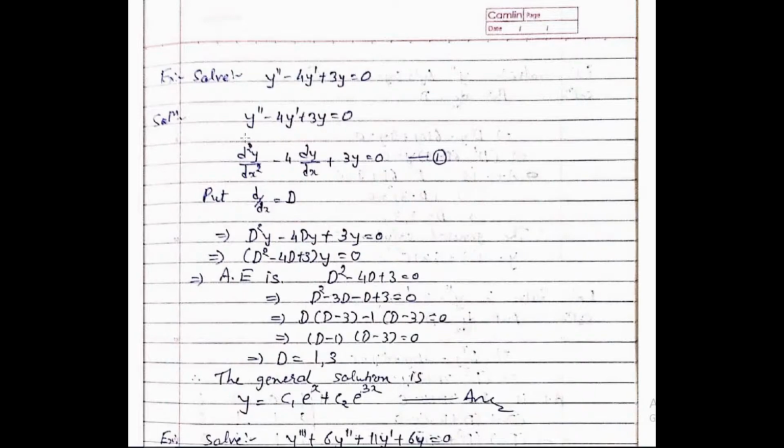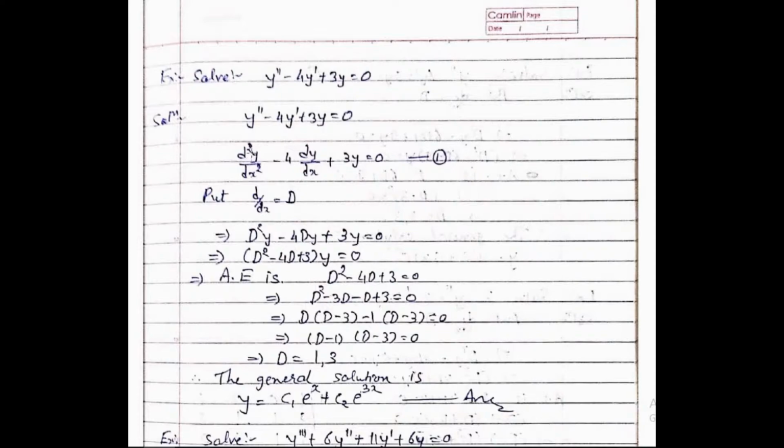To find the CF, what you have to do is write down this equation in the form of d square y by dx square minus 4 dy by dx plus 3y is equal to 0. Here we are going to put d by dx is equal to capital D, as we have discussed earlier in theory.